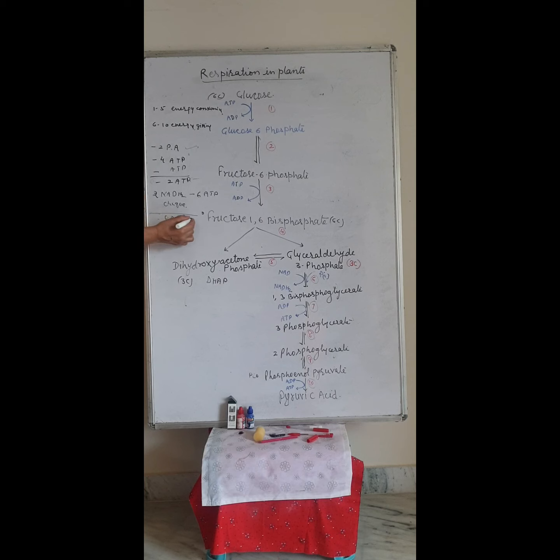And the total amount of ATP is 8 ATP in glycolysis.